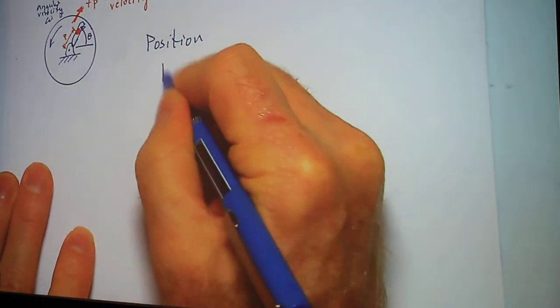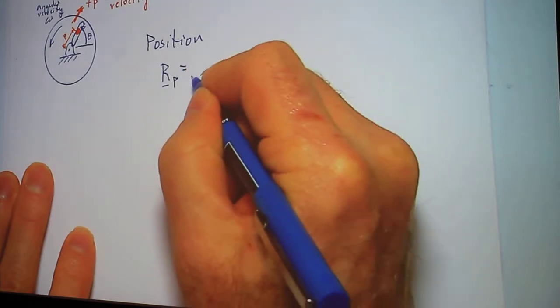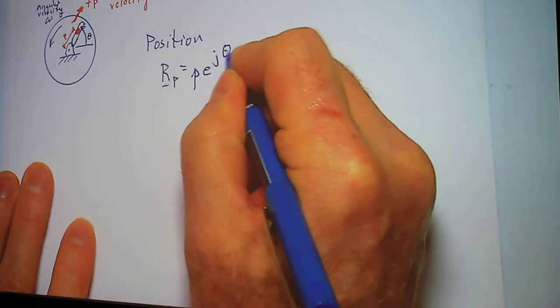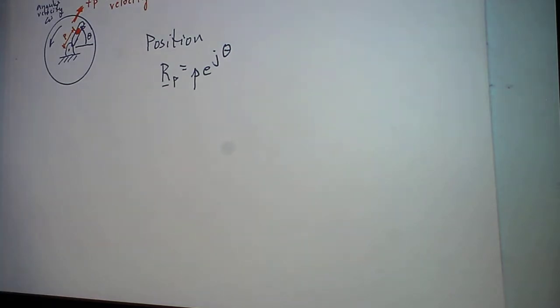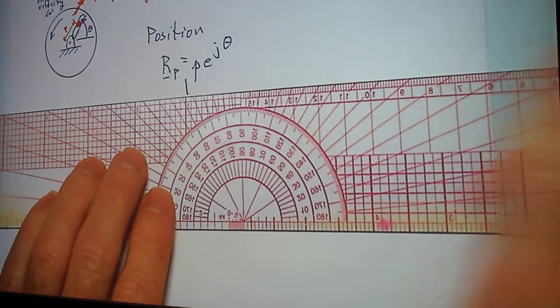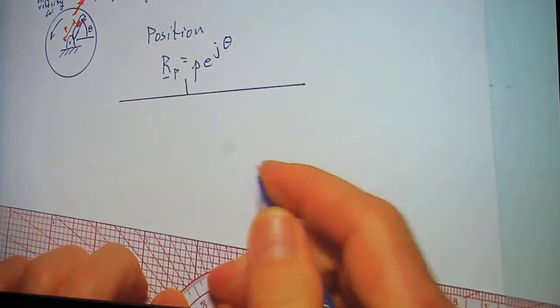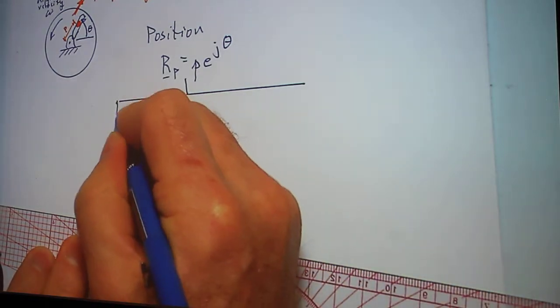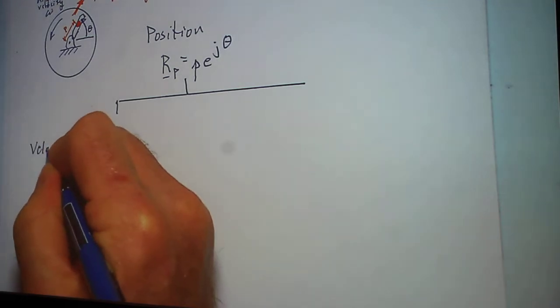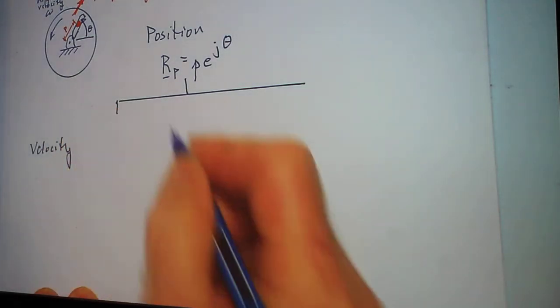And in that position analysis we said that the vector RP was equal to P times e to the j theta. All right? And then what we did is we took the derivative of this, and we had a couple of components here. We had velocity first of all.